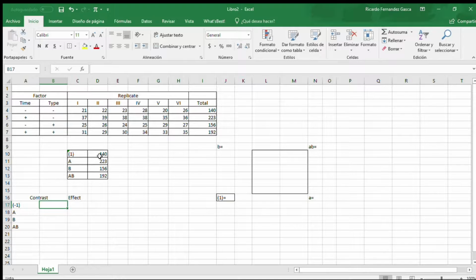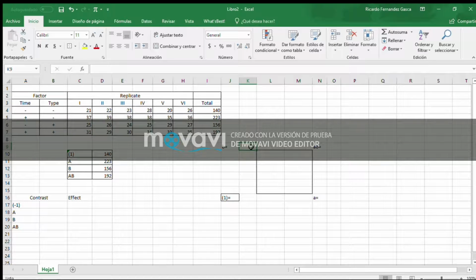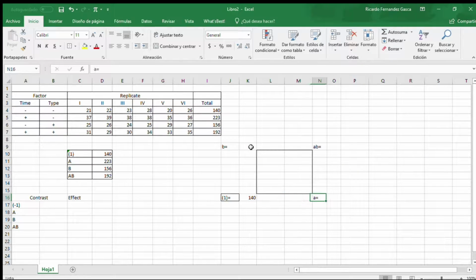So we are going to estimate the contrast and then the effects of each one. We can fill this one with, okay, so (1) it's 140, then A it's 223, then AV it's 192, and V it's 156.